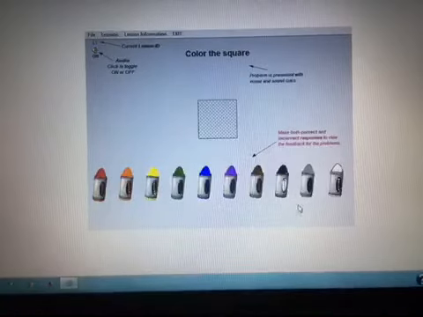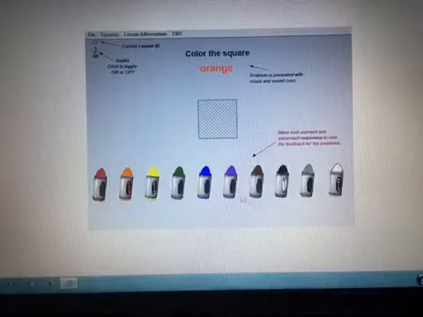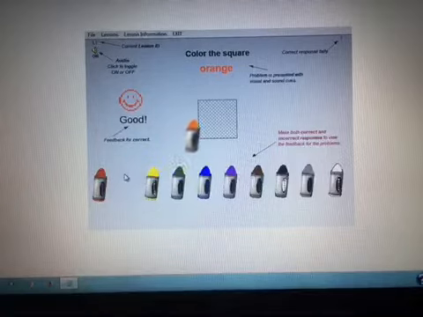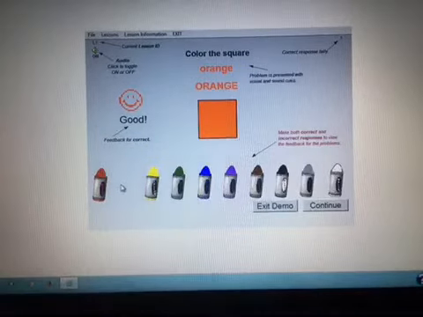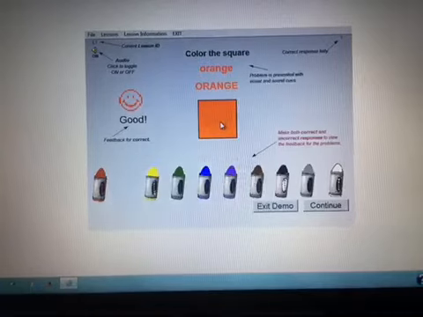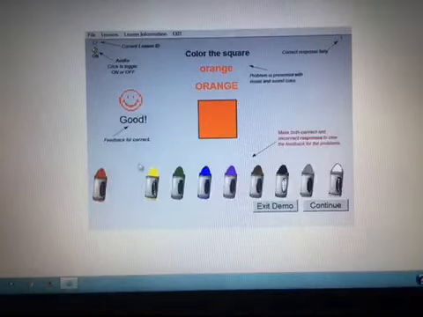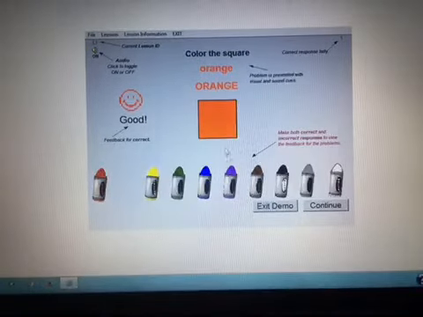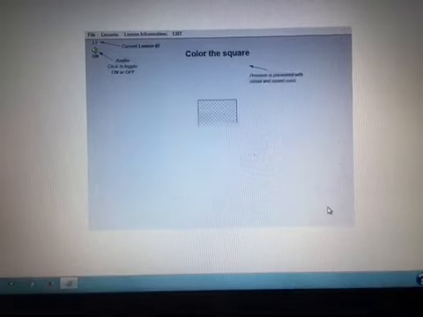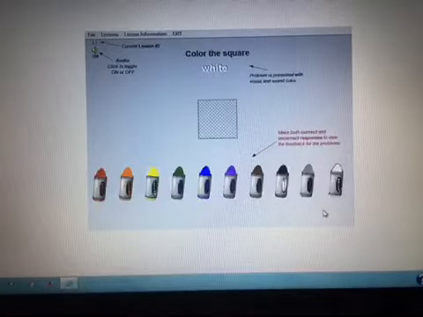Color the square orange. Good, orange. So here we have the positive feedback, which takes the crayon and colors the square. Color the square white.